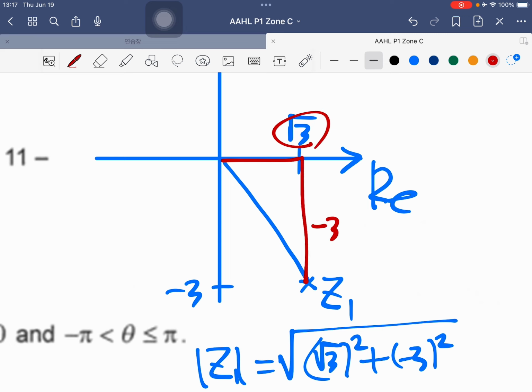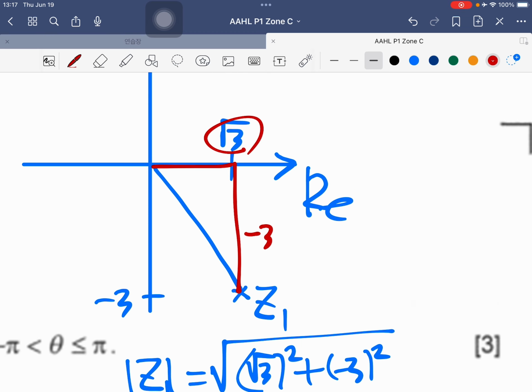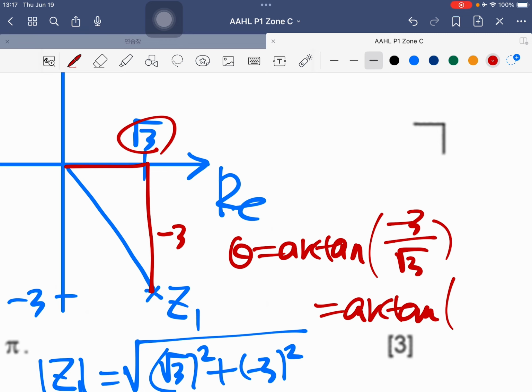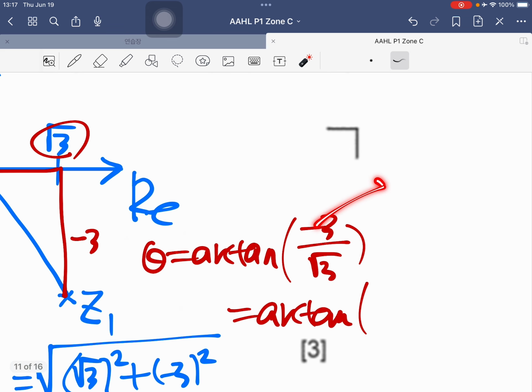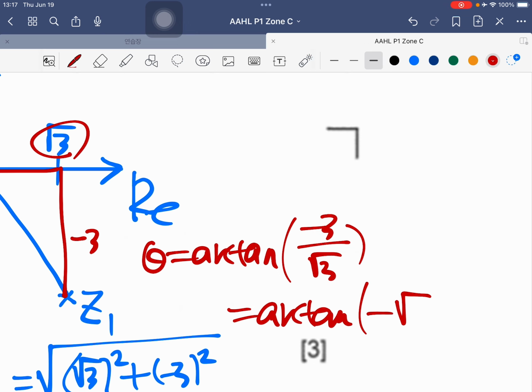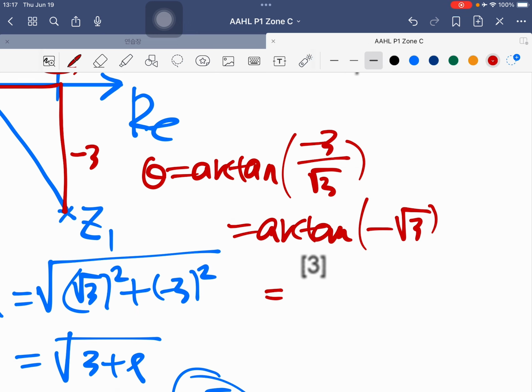So we can say argument theta is arctangent of minus 3 over square root 3, equals arctangent of minus square root 3 times square root 3 over square root 3. This cancels out, so this is minus square root of 3, which equals minus pi over 3.